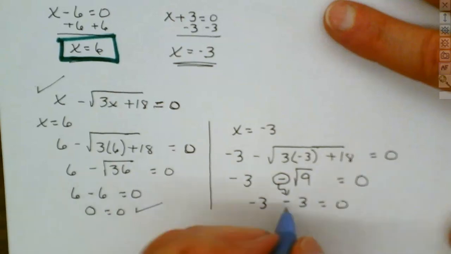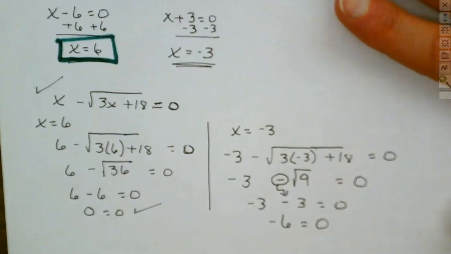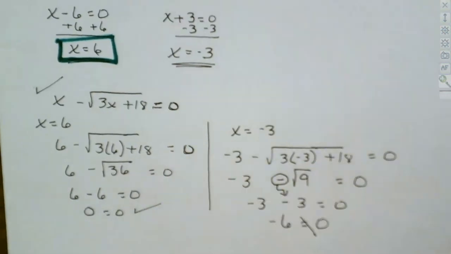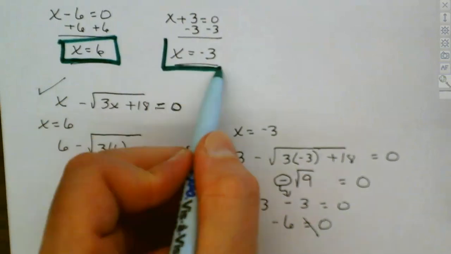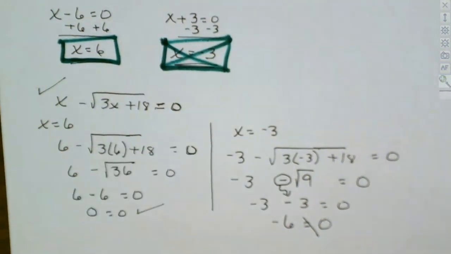Minus 3 minus 3, well that's a minus 6. And does minus 6 equal 0? No. So what do we know? We now know that x equals negative 3 doesn't work. So what is the only answer that we have now? The only answer that we have is x equals 6.